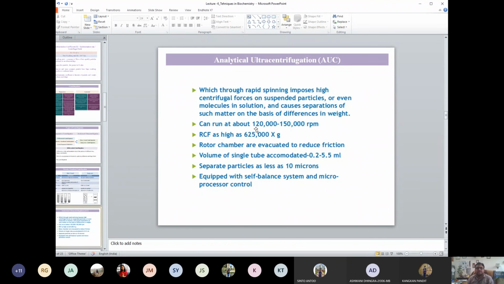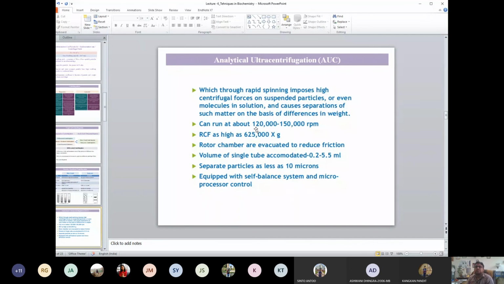If you see some of the points which I have listed here, analytical ultracentrifugation imposes very high centrifugal force on suspended particles, and many a time because of its high speed, there is a need to create a vacuum inside the chamber.